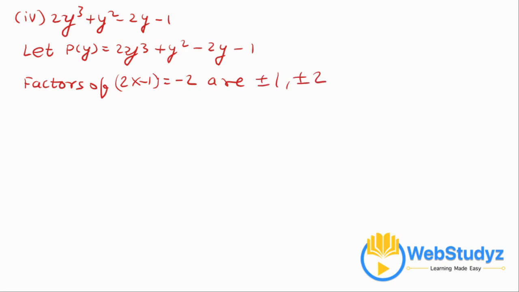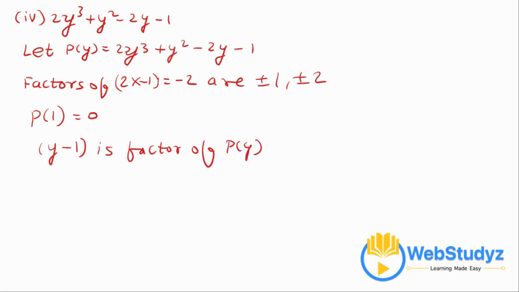So by the trial method we found out that p(1) should be equal to 0. That means y minus 1 is a factor of p(y).